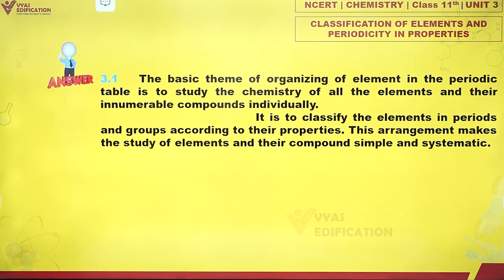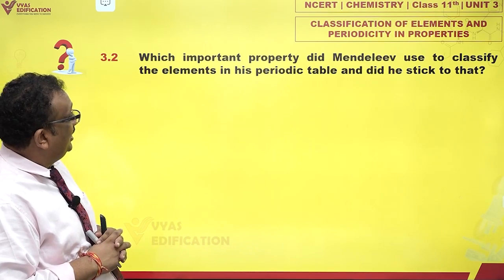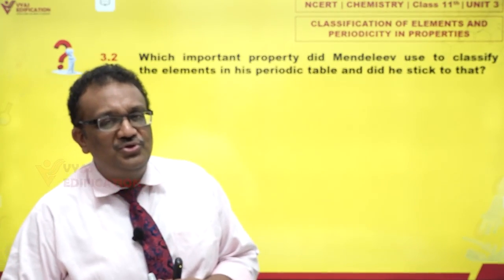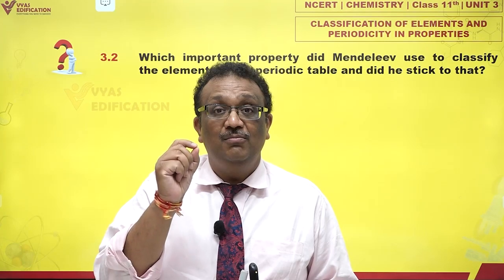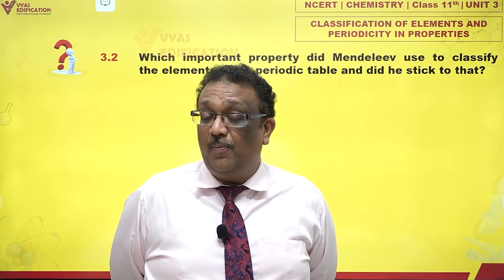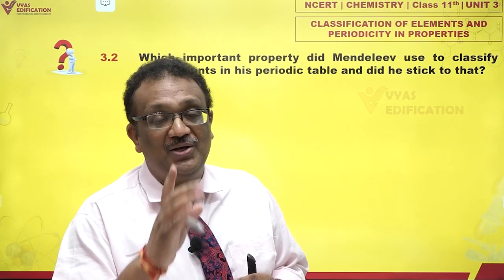Which important property did Mendeleev use to classify the elements in his periodic table? And did he stick to that? There are two questions. Which property did Mendeleev use? Mendeleev used a property called the atomic mass. He said properties of elements are periodic functions of their atomic masses.